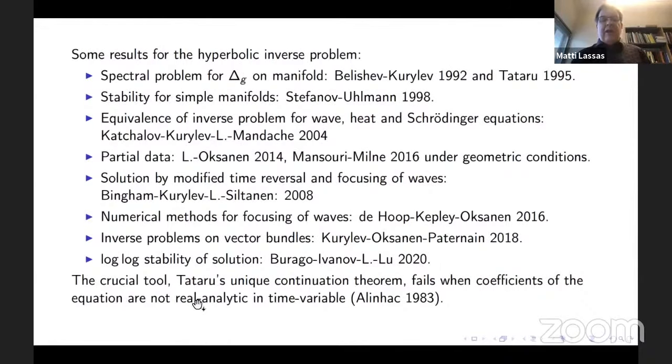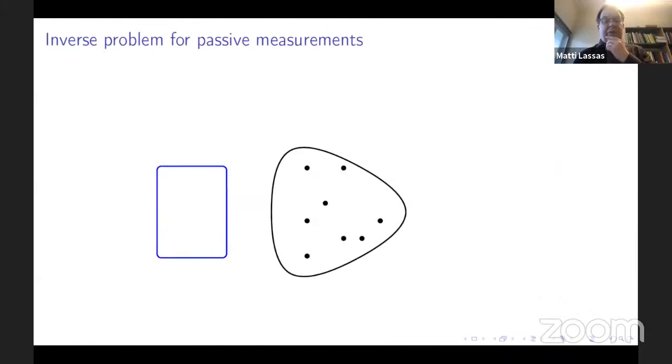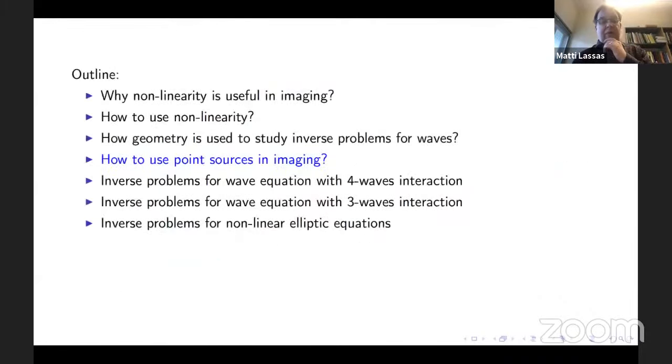So in practice, it means that if the coefficients are time dependent, then you cannot use this type of methods to solve the problem. Okay, this is one reason why we consider the nonlinear inverse problems, that we can then solve the inverse problem in a wider class of operators.